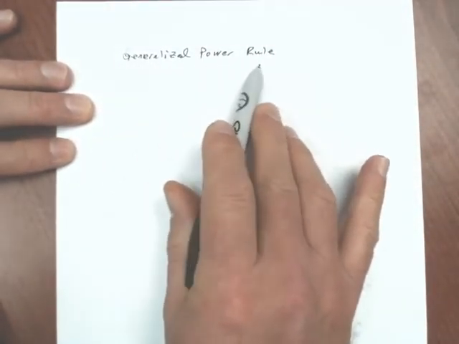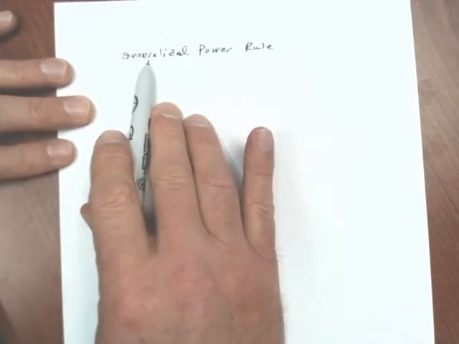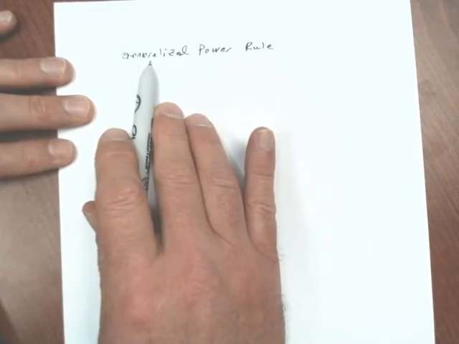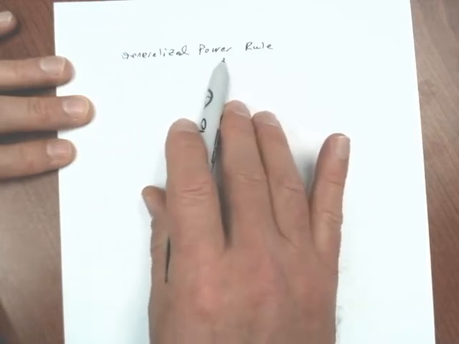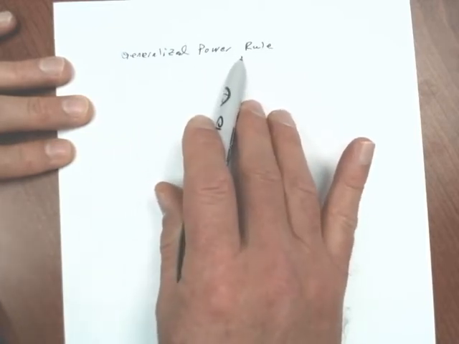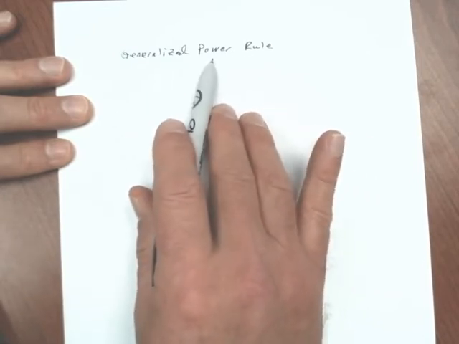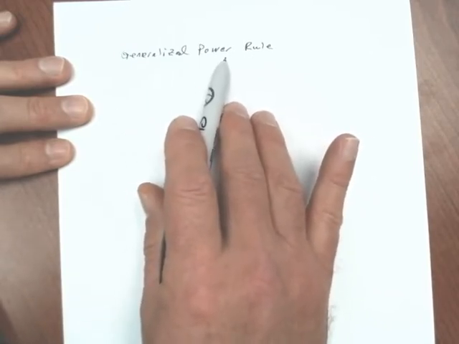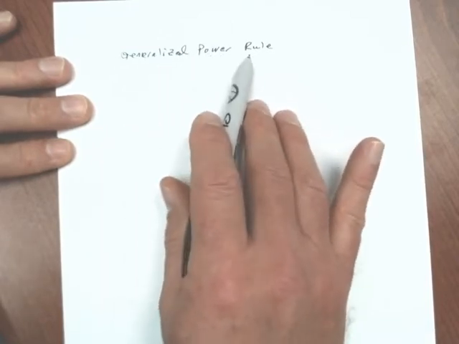This is the generalized power rule, and in a second you'll see why, because it covers a more complicated functional form, so it's a more complicated version of the power rule, but it's more general. The power rule is actually an offshoot of the generalized power rule. It's just a more specific rule for one variable only.